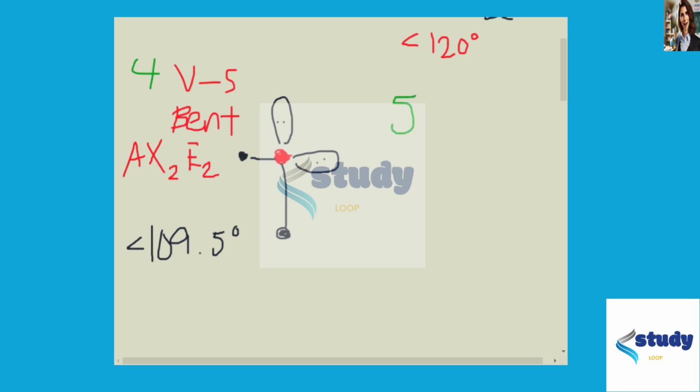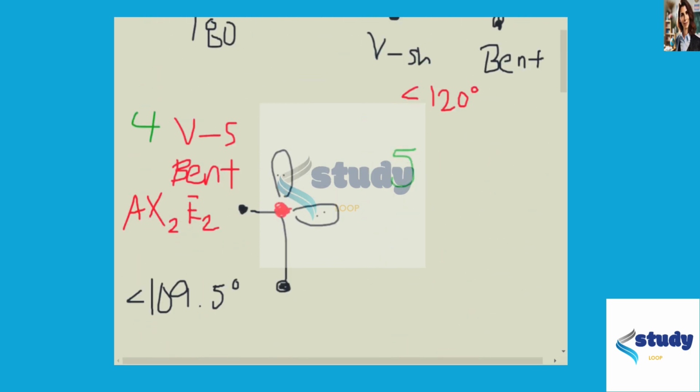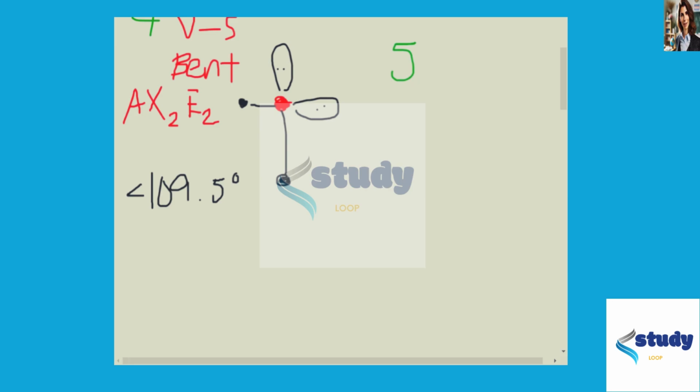5 electron groups has multiple AXnEm formulas.